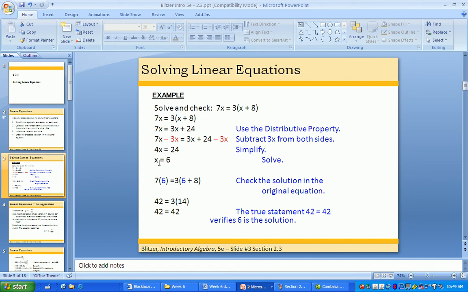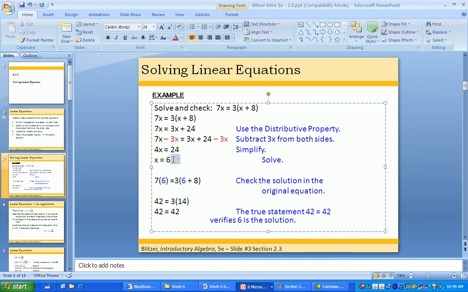We've solved our equation. The one thing we want to do now is check our work. We get this solution and plug it into our original equation. Everywhere we see an x, we put 6. So 7 times 6 is equal to 3 times the quantity of 6 plus 8.